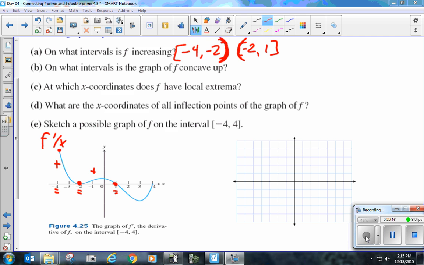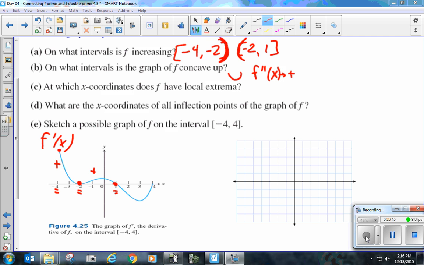Now, here's where we've got to reverse the way we're thinking. On what intervals is the graph concave up? That means the second derivative has to be positive, right? If we have the first derivative here, we've got to think of the second derivative. Follow me here, listen real carefully.